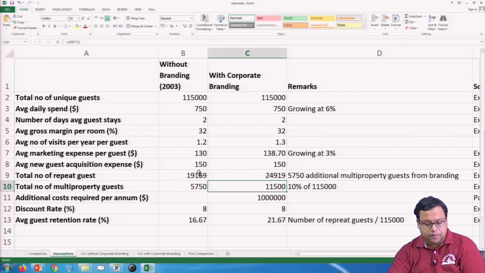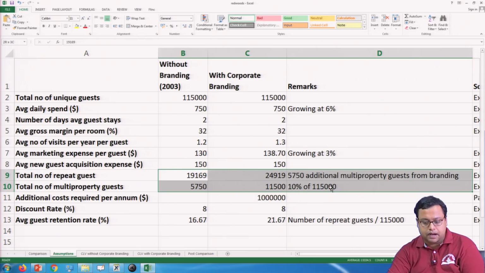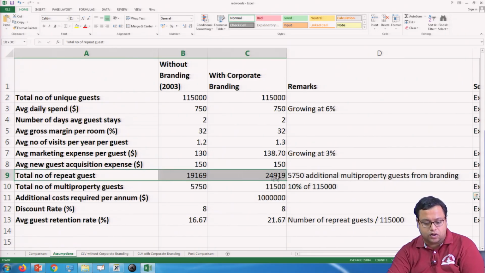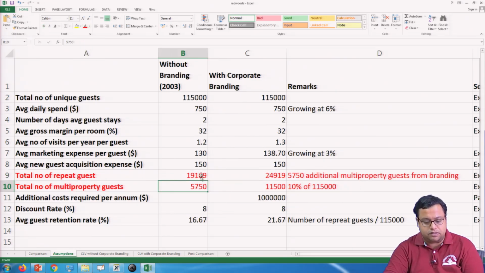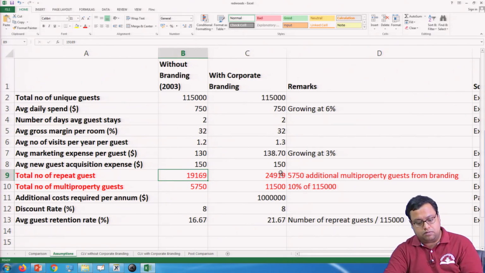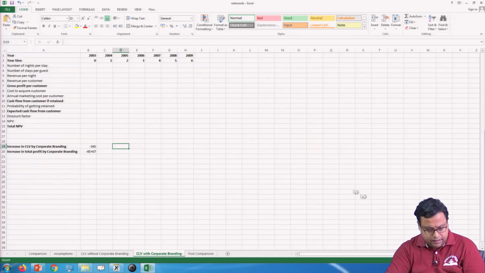So, the total number of repeat customers is this, but these two values are not being taken into account currently in the calculation. Even without taking them into account, whether that helps is something that I will be trying to check.